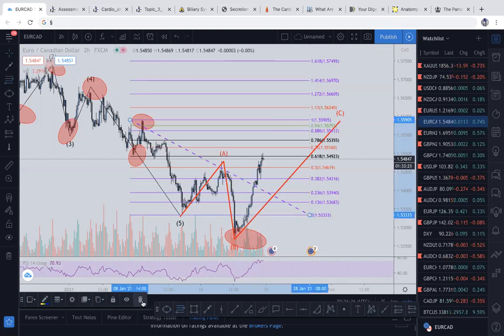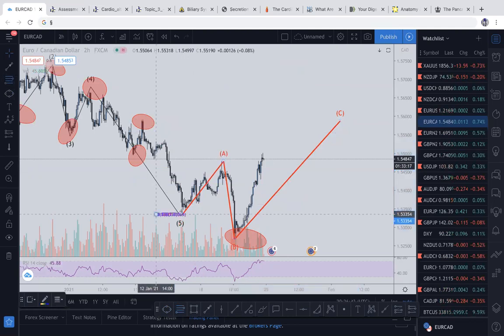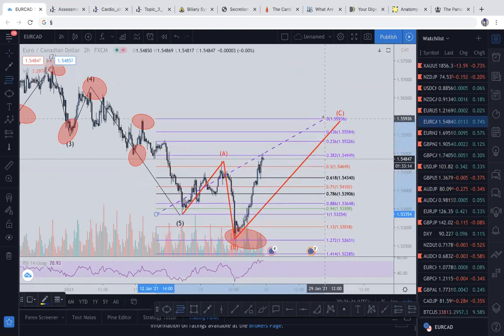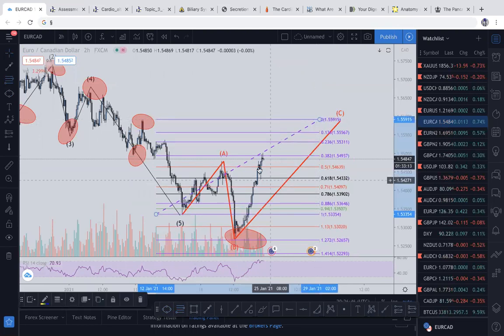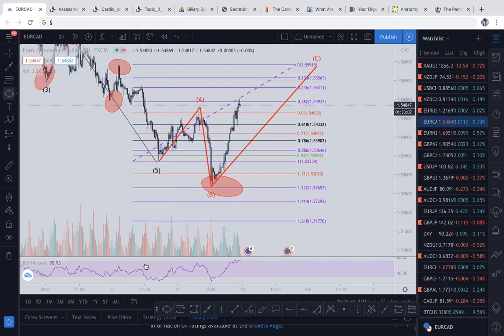Sorry, I'm making the same mistake again. It's going to be from below here, which is from A to X. And from A to X, for a shark pattern, we need C to be in a zone of 1.13 to 1.618. So this would be the zone.